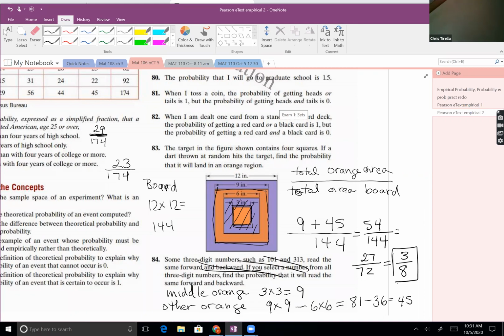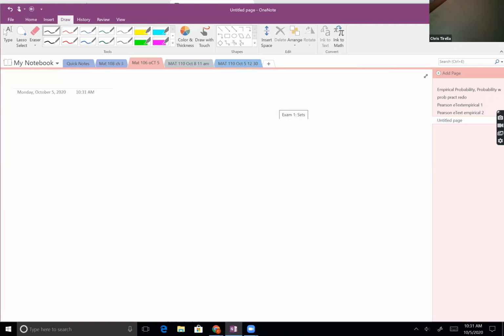I'd like to add a page with a couple of definitions, and then go back to that probability practice handout, which is still in Blackboard under content and handout. So we're going to go over that today.